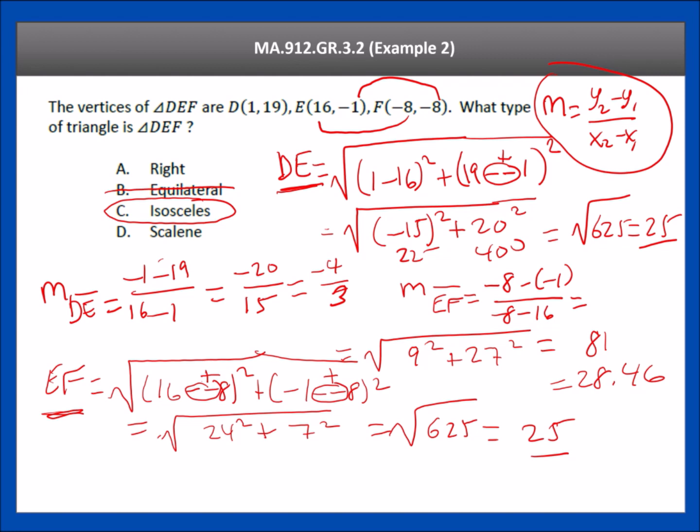So I get negative 7 over negative 24, which is the same thing as positive 7 over positive 24. So this is definitely not the same, or not a reciprocal of this. So it cannot be a right triangle. It cannot, because it's not a reciprocal or anything like that. So it has to just be an isosceles triangle. And we are done.